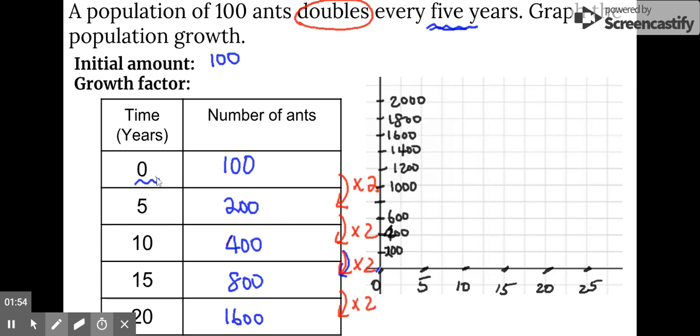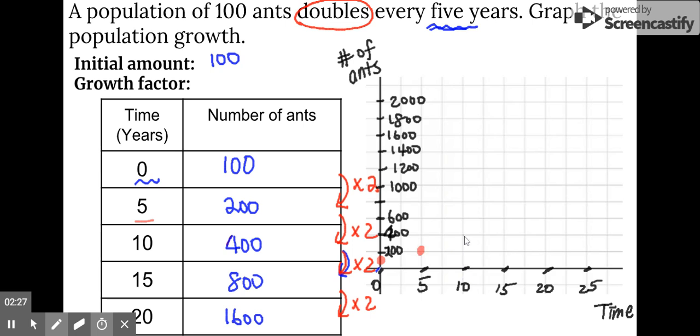All right, so now the x-axis is time. You have to label the x-axis and y-axis, and this is number of ants. All right, so when x is 0, the number of ants is 100, right? So 100, the point is here. When x is 5, in year 5, the number of ants is 200.